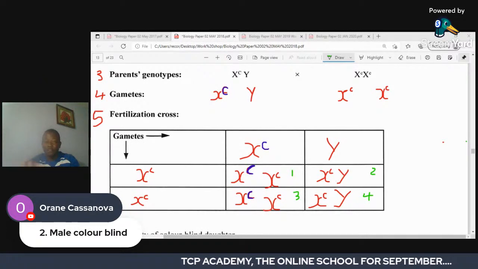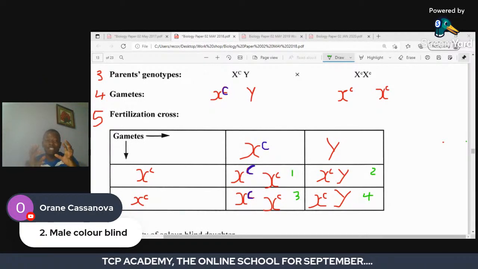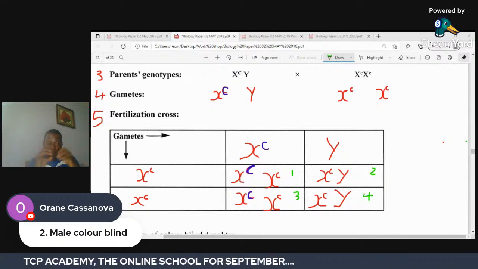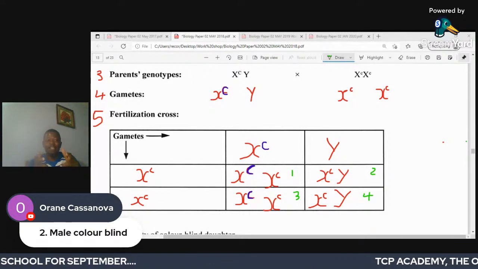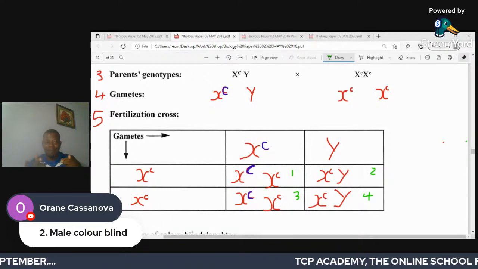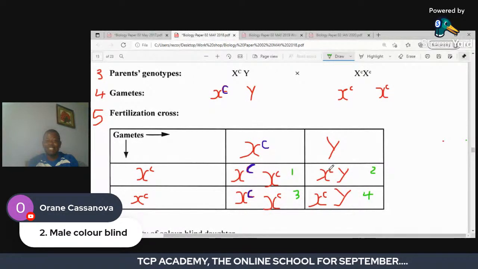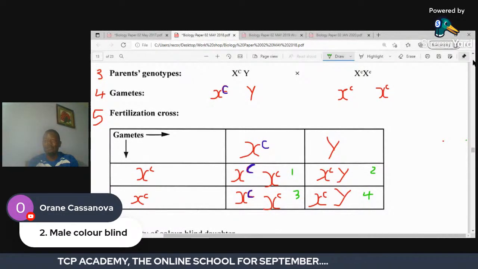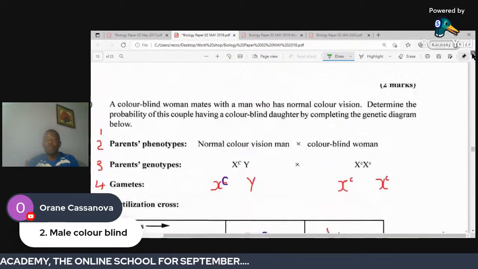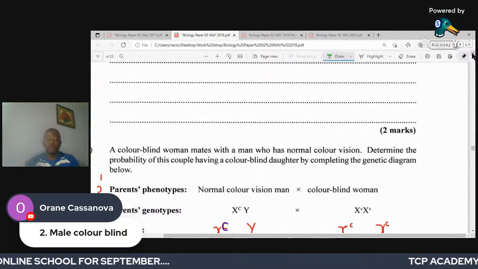All right, beautiful. So now that we understand that the letters represent the genotype, and interpreting the letters tells us the phenotype, we are now going to answer the question that CXC actually wanted us to answer. So we are going to go back and read that question and see what we're supposed to do.